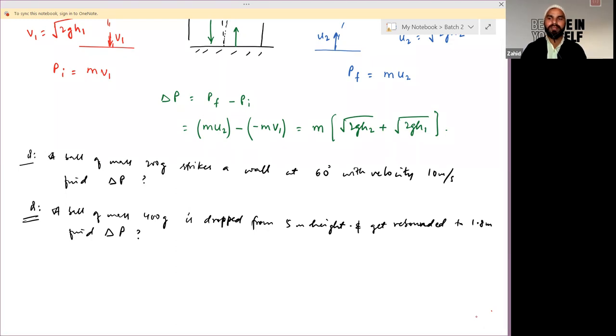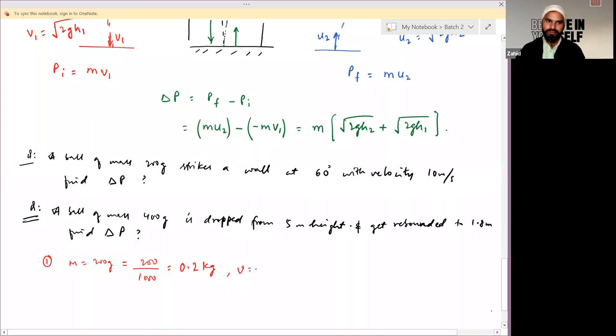Mariam, just check your calculation. In the first part, we have mass as 200 gram. Divided by 1000, you'll get 0.2 kg.